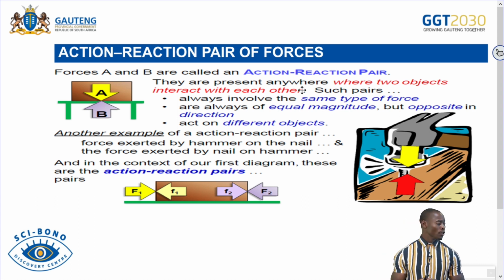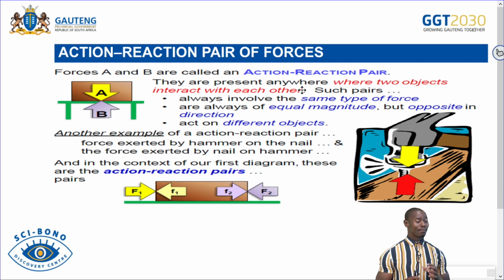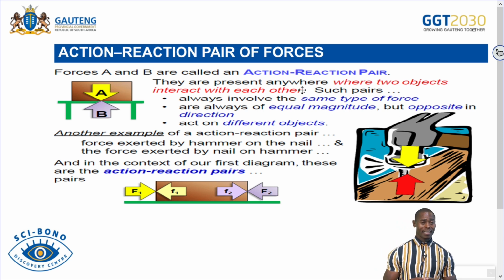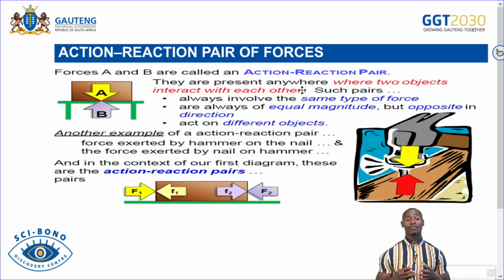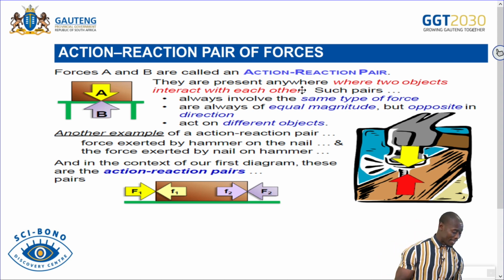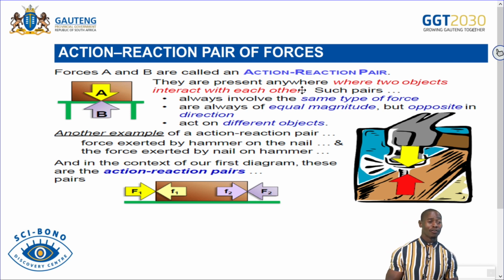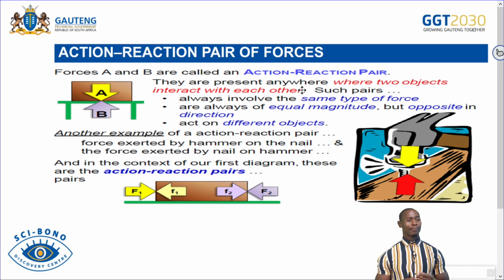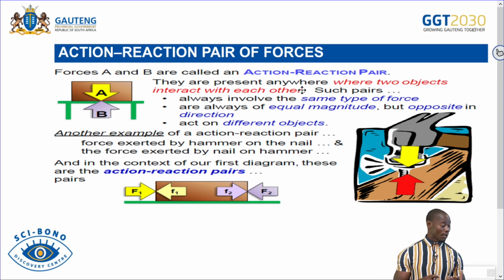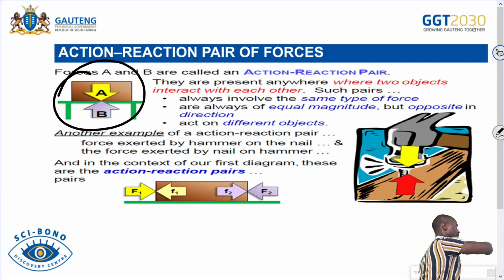Remember, according to Newton's third law, when body A exerts a force on body B, B will simultaneously exert an oppositely directed force of equal magnitude on object A. A and B are in contact, so the action-reaction pair of forces here will be the force exerted by the block on the table, and the force exerted by the table on the block.